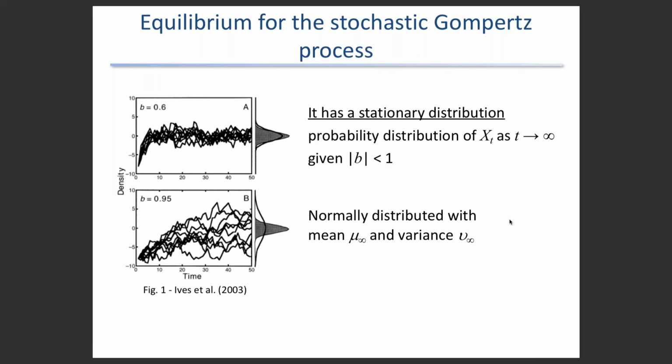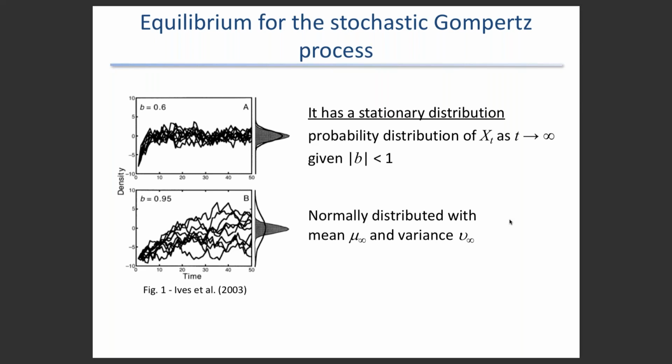And when you have a stochastic process, when you talk about the equilibrium, you don't have a point equilibrium. Instead, you have an equilibrium distribution. So that distribution, let's say if b equals 0.6, has a particular mean. In this case, u was set to 0, so the mean is 0. That distribution has a particular variance. If we have a b that's closer to 1, it still has a distribution.